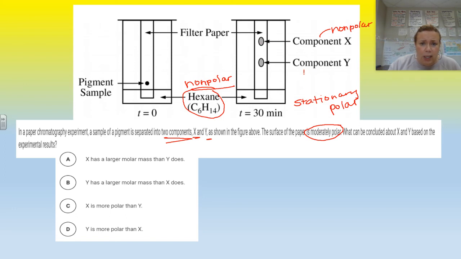Component Y is going to be a little more polar because it's sticking more with the stationary phase and not being able to move as far. So we know that Y is more polar than X. Paper chromatography has nothing to do with molar masses here, so we're only looking at the polarity.